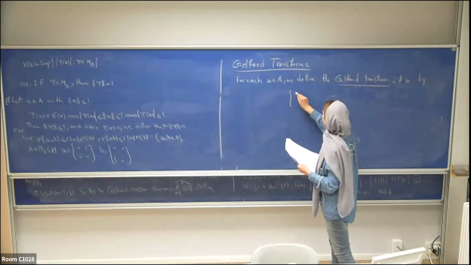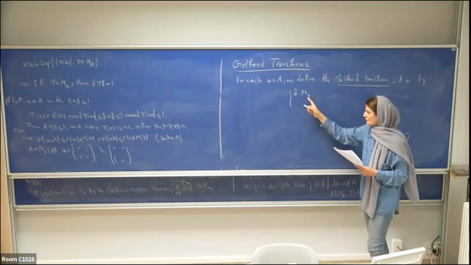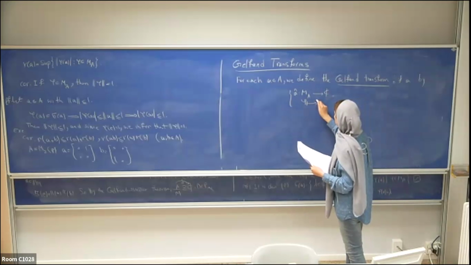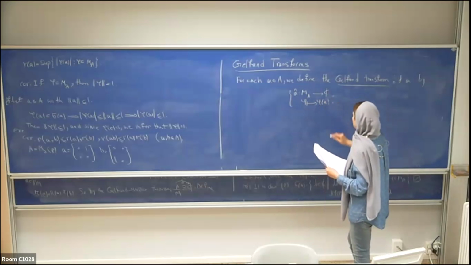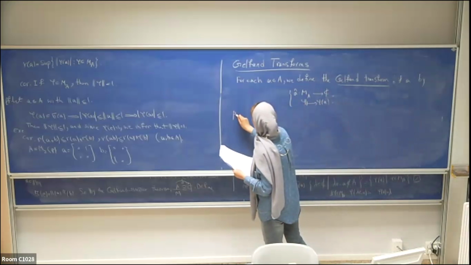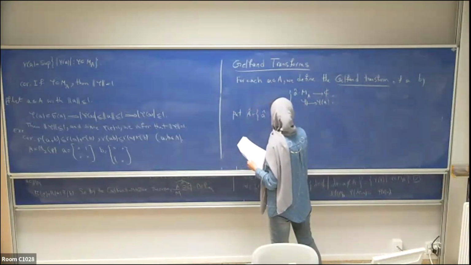This is a map from M of A, which we know is non-empty, to C, which takes phi in the natural way to phi of a, and we call it a hat, the transform of a.